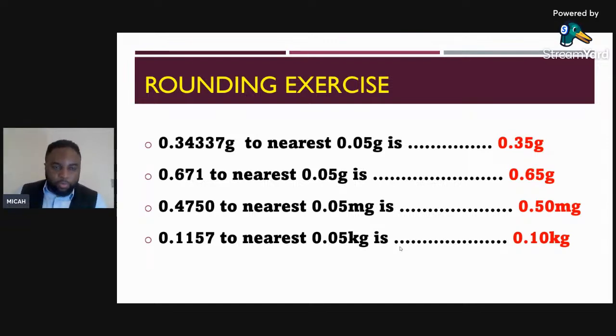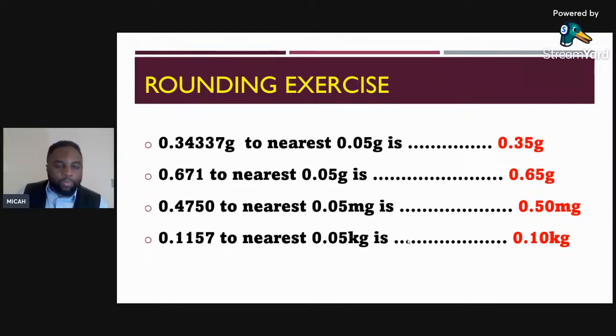For option B. Then for C, we have 0.475. That one is easy. The 5 in 0.05 is being occupied by 7, so we look at what's behind it. If you look at what's behind it, you've got 5, which means you have to go up.